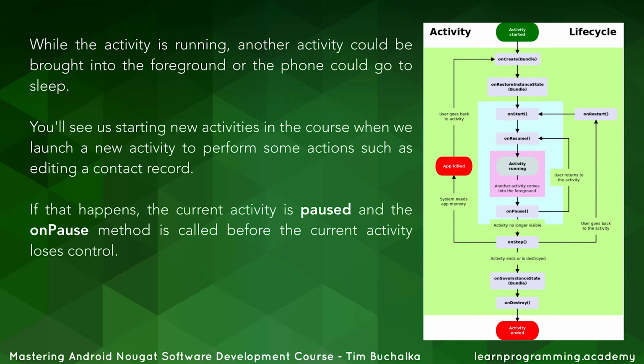Now, while the activity is running, another activity could be brought into the foreground, or the phone could go to sleep. So you'll see us starting new activities in the course when we launch a new activity to perform some actions, such as editing a contact record. If that happens, the current activity is paused, and the onPause method is called before the current activity then loses control.